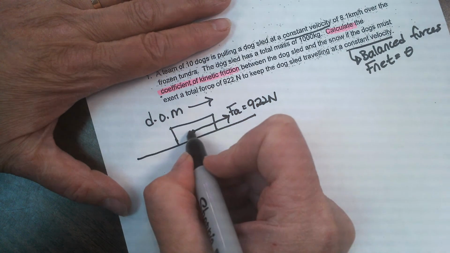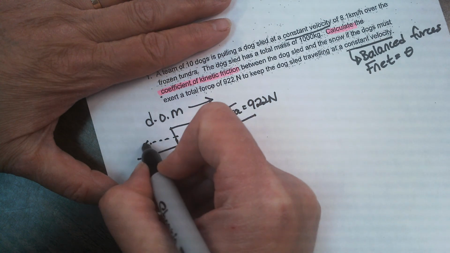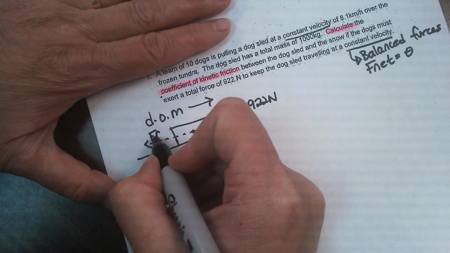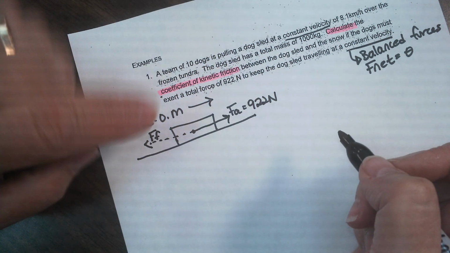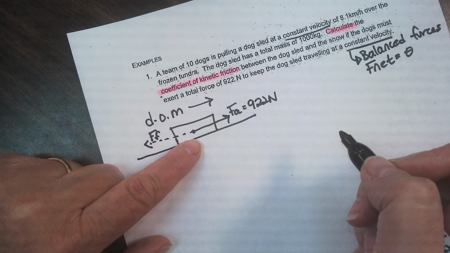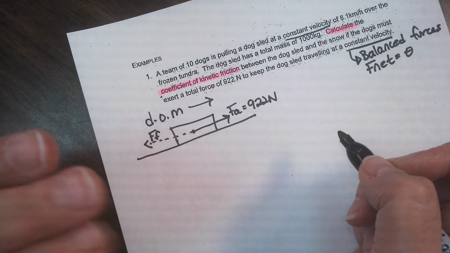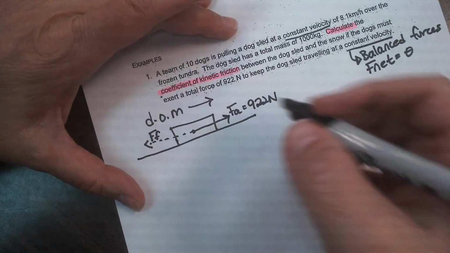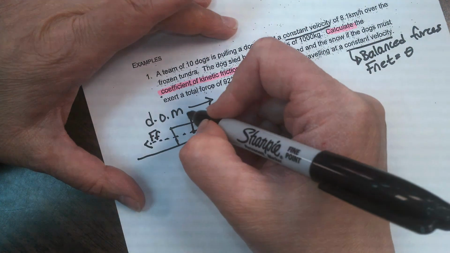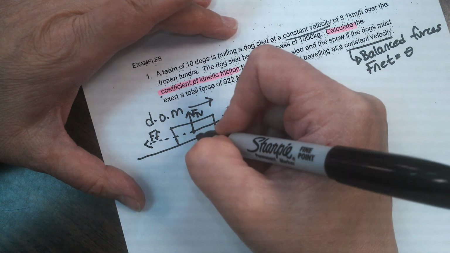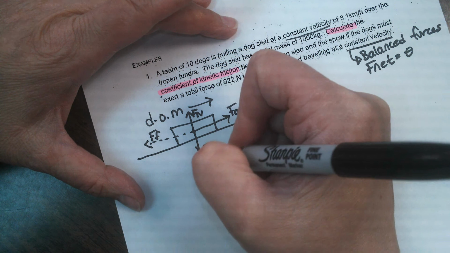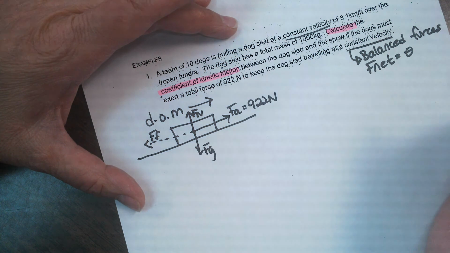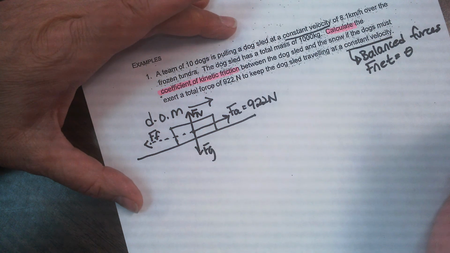We always know that there's an opposing force, and we call that the force of friction. Now, this dog sled is not levitating, and it's not going through the track, so force normal and force gravity need to be equal to each other because they have to be in balance.